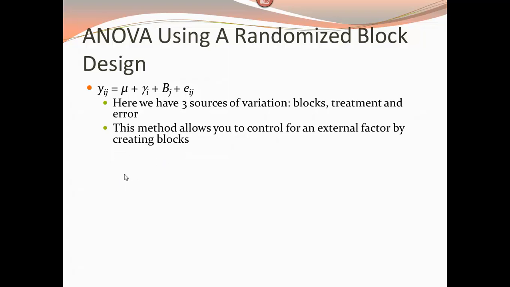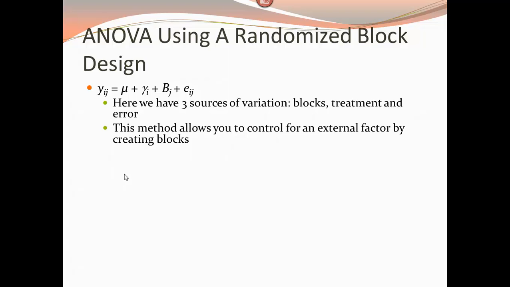So this method allows you to control for external factors by creating blocks. So if we were to go back to the previous example where we were looking at computer sales, you would say like gamma, that first treatment is the sales approach used, and then B blocks is like the salesperson.